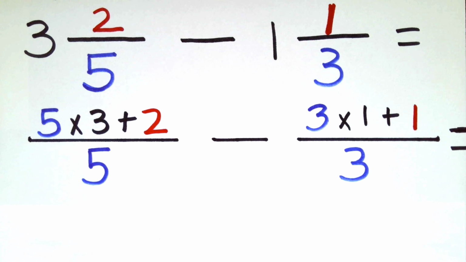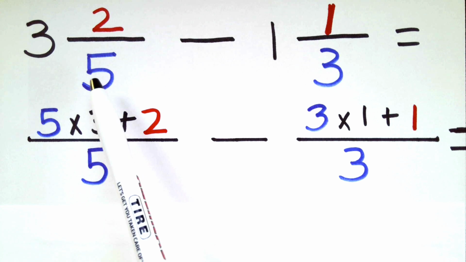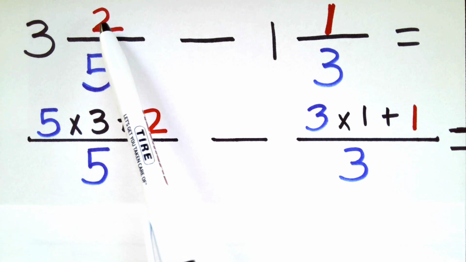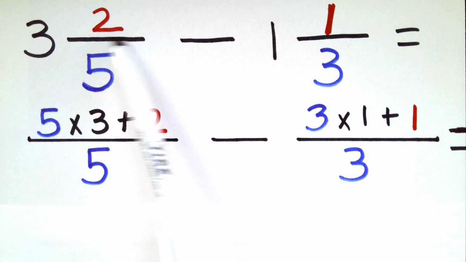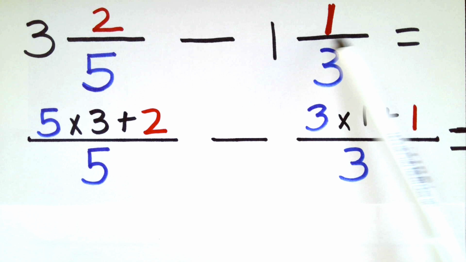All right, so if you stopped and paused, hey, let's go through that answer. And if you didn't, let's just keep on rocking and rolling. So let's convert these mixed number fractions into improper fractions. 5 times 3 is 15, plus 2, all over the original 5, minus 3 times 1 is 3, plus 1, over the original denominator of 3.